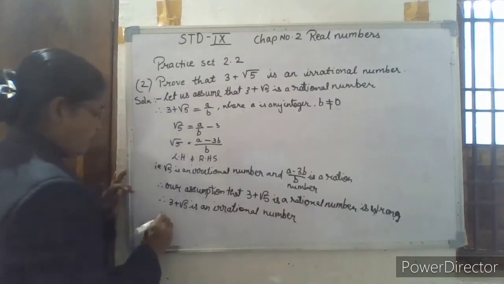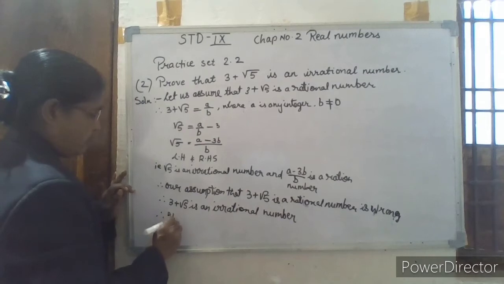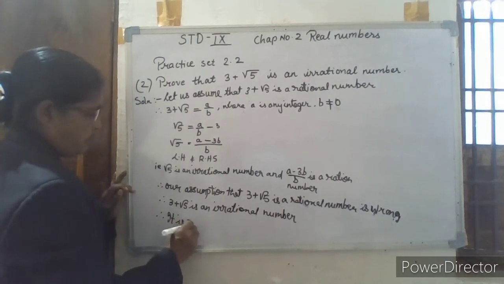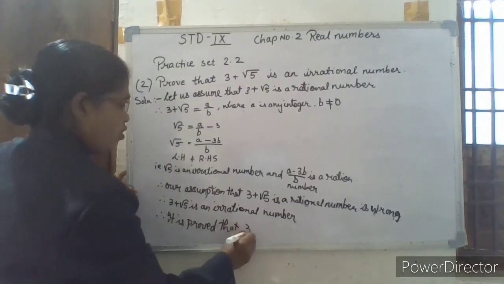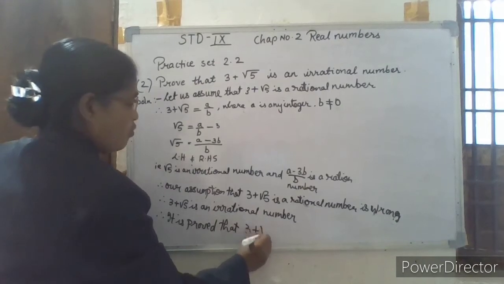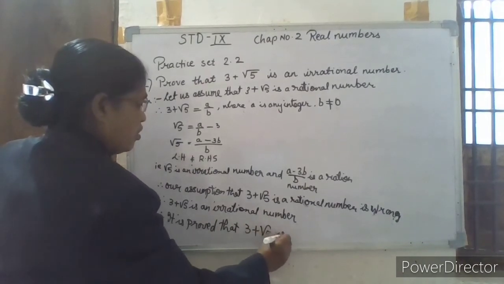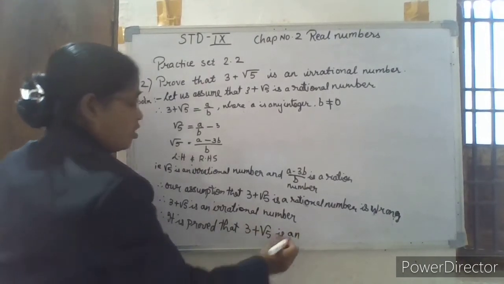Therefore, it is proved that 3 plus root of 5 is an irrational number.